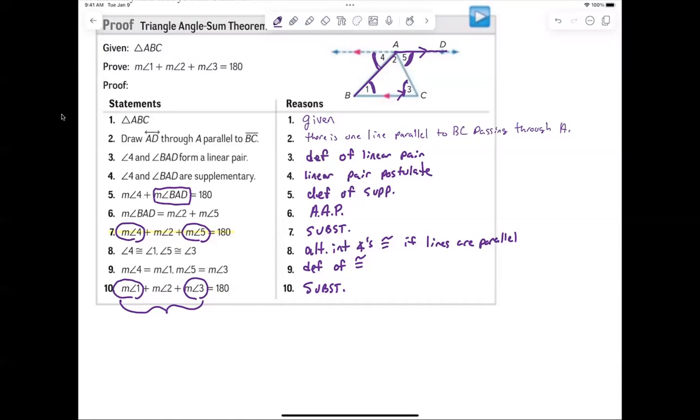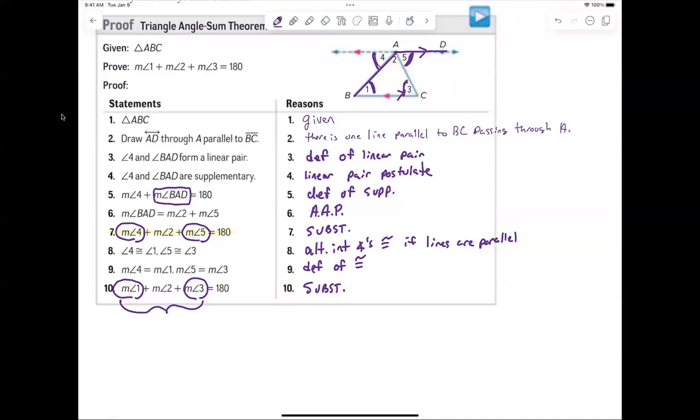Listen, in the past, I have told you that the angles of a triangle add up to 180, and you just said okay. That's all you said. Okay, I believe you. I just proved that the angles of a triangle add up to 180. That was the whole point of the lesson: now you don't have to just accept what I tell you is true.